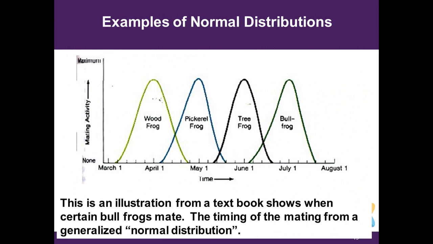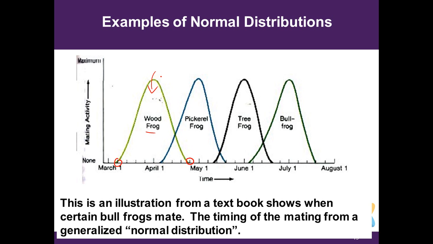Here's a couple of examples from a college biology book. In this case, we're looking at what time of year certain frogs mate. Well, this particular frog will start mating in March and end its mating at the end of April. But the majority of wood frogs all mate about the third week of March. That is business for wood frogs.